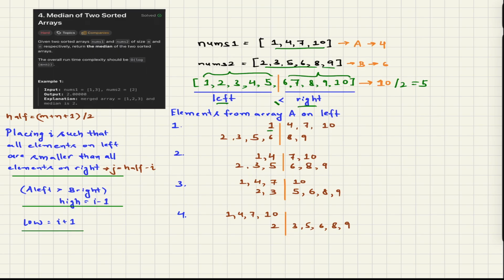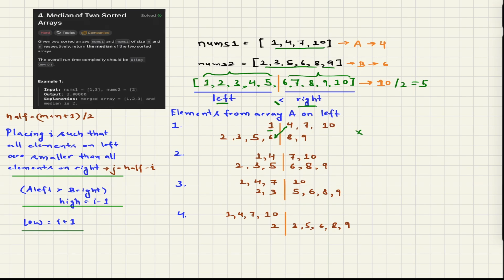If I take one element from array A and 4 elements from array B, I see that my 6 is greater than 4, so this is not a valid configuration.